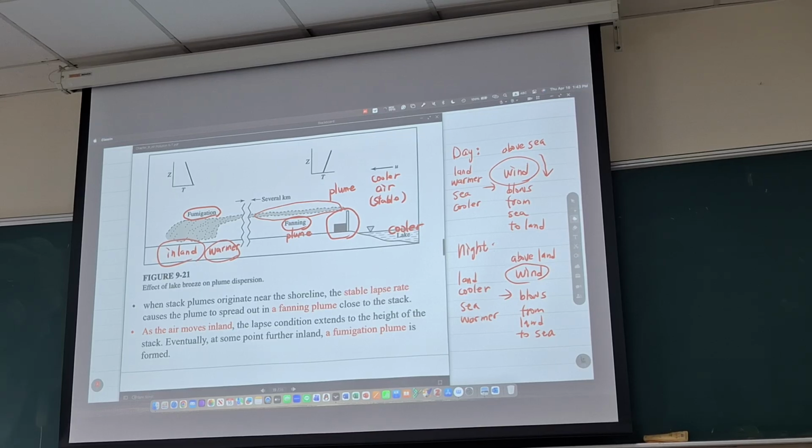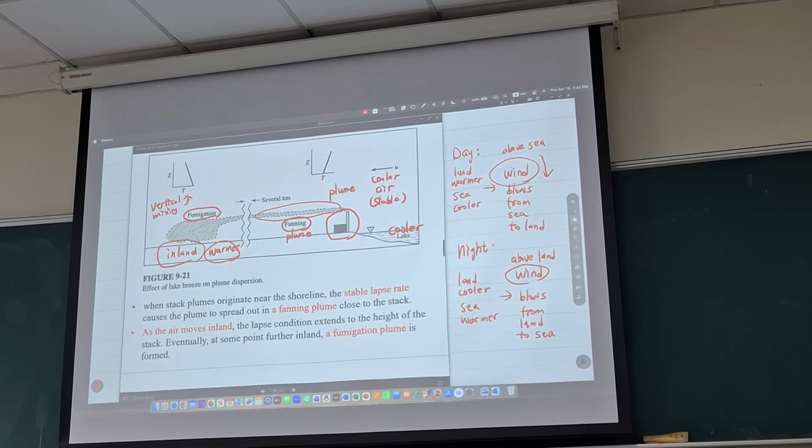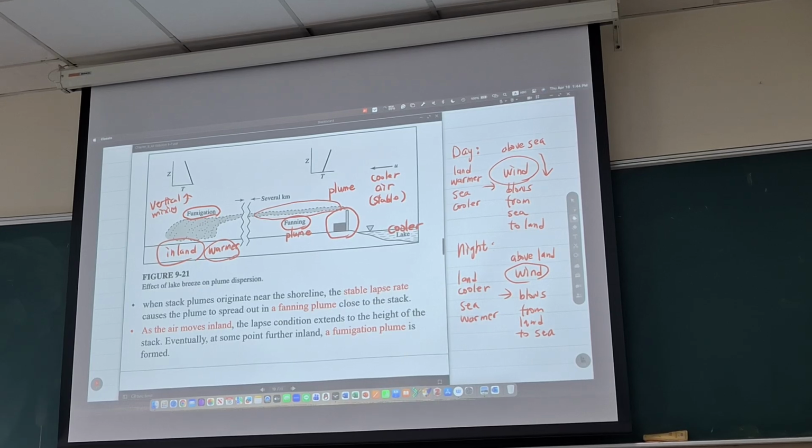So we have vertical mixing, and the vertical mixing increases. So after several kilometers, the plume mixes downwards to the ground. We call this kind of plume fumigation.